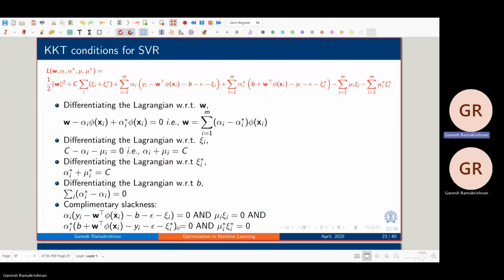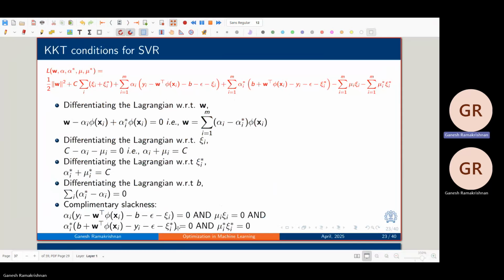So for all points x, if alpha I is between 0 and C, or alpha I star is between 0 and C, then what happens? You'll have Yi equals W transpose phi xi plus B minus epsilon.